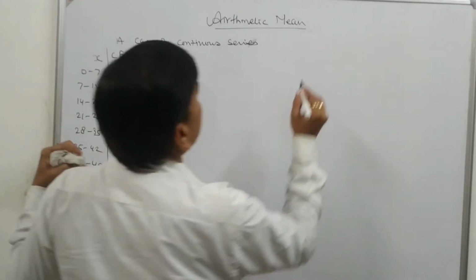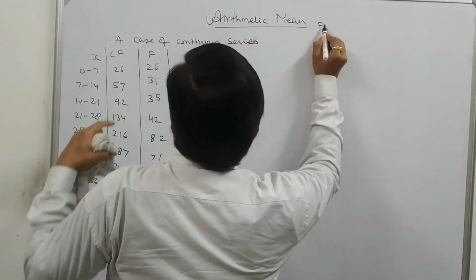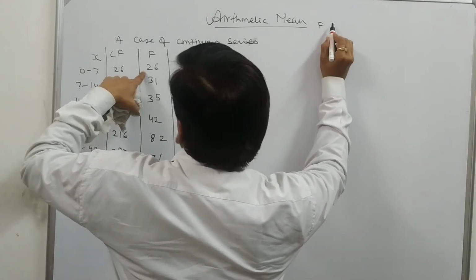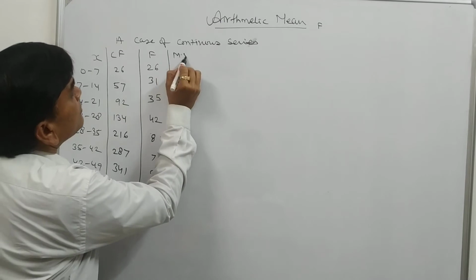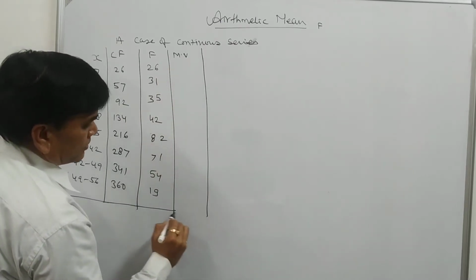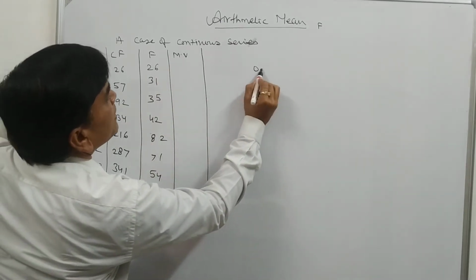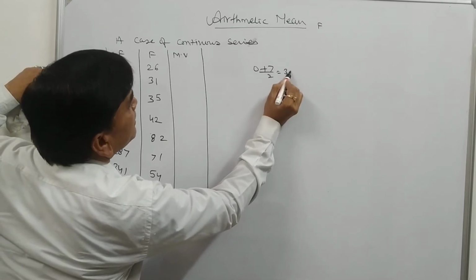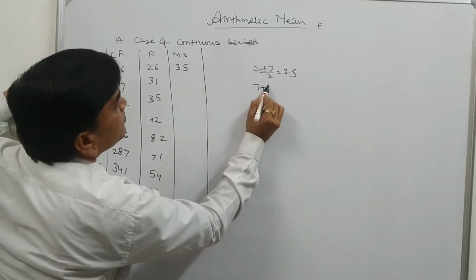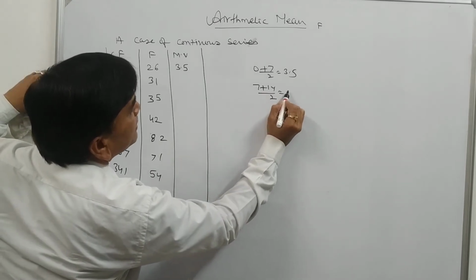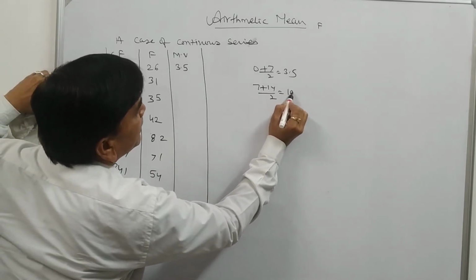So I am writing the frequencies here. Now the mid values are required. The first mid value is 0 plus 7 divided by 2, that is 3.5. The mid value of 7 and 14 is 7 plus 14 divided by 2, that is 10.5.